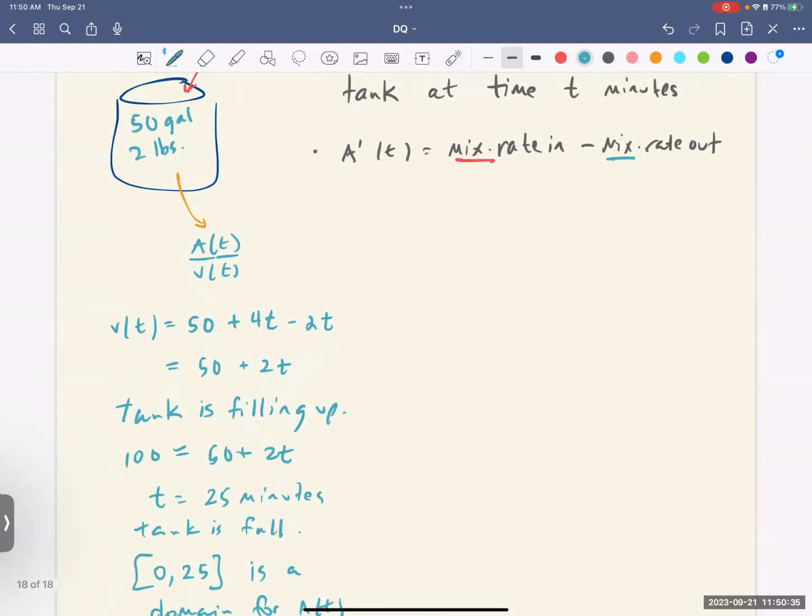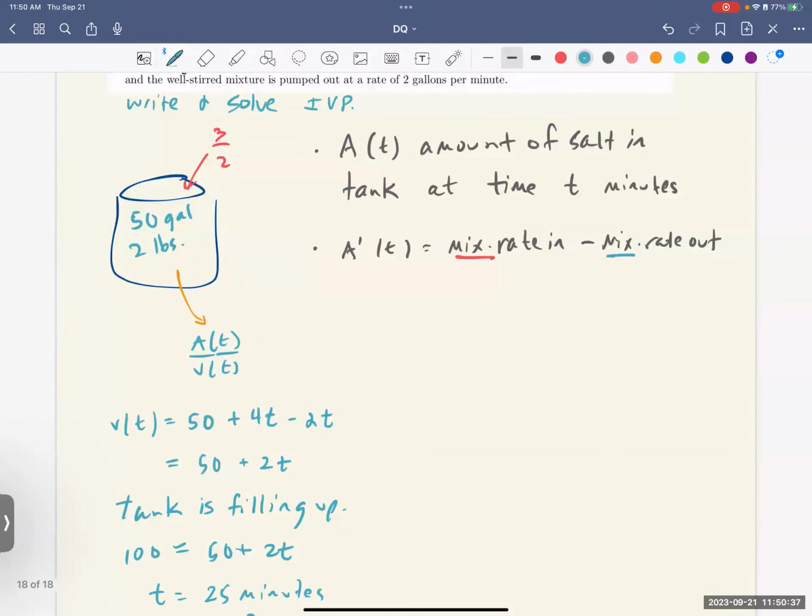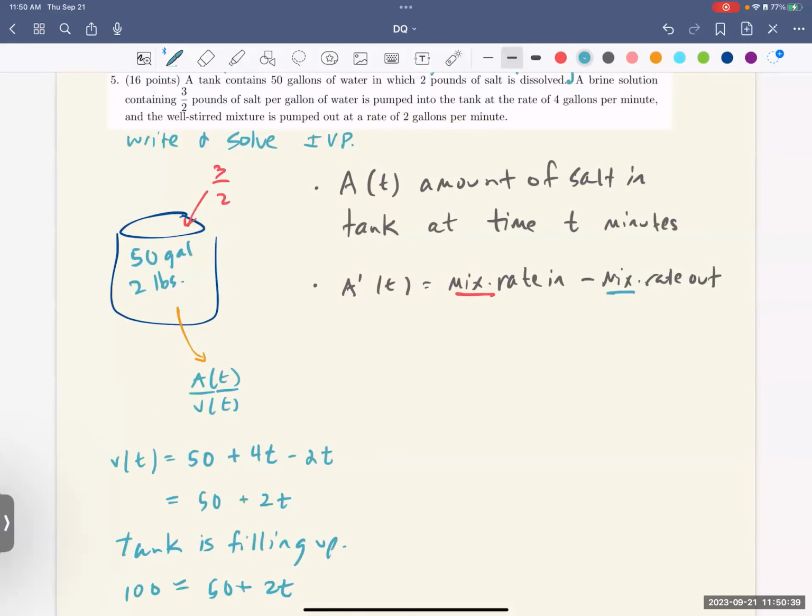So going back to A prime of t, we need our mix rate in. Let's write that out. We have A prime of t is equal to mix coming in, 3/2, times the rate at which it enters, which is 4, so times 4, minus the mix leaving, that was A of t divided by the volume.